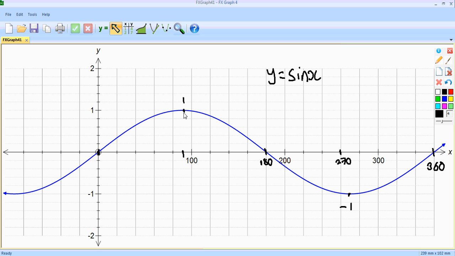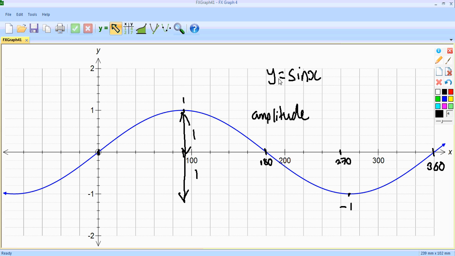So going from maximum to minimum, this distance goes from 1 to -1, and this distance is called the amplitude. It is basically just how high it goes. A standard y equals sine x graph just goes from 1 to -1. This is all in degrees when we've got degrees along the x-axis.